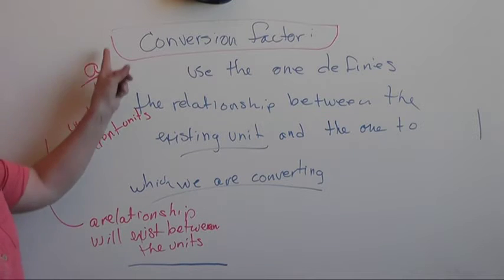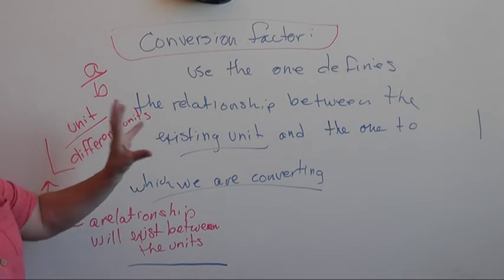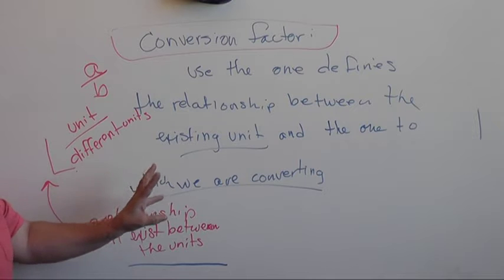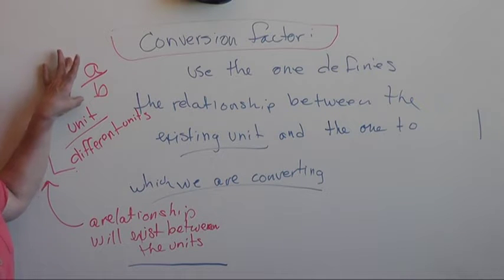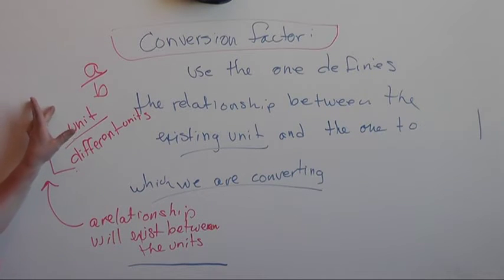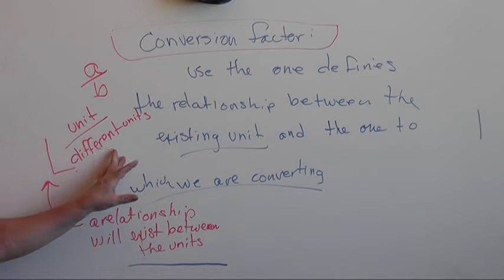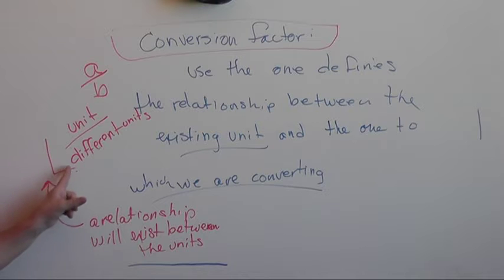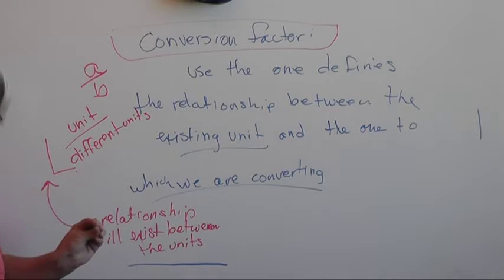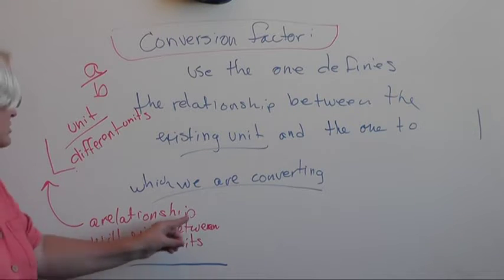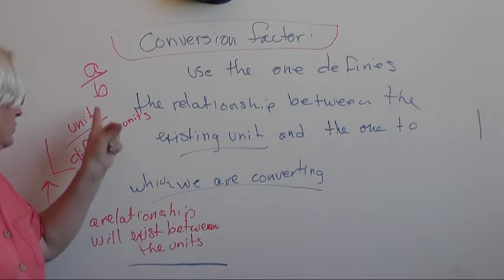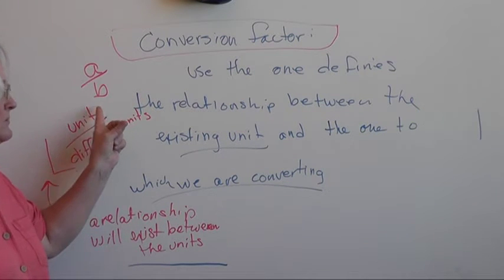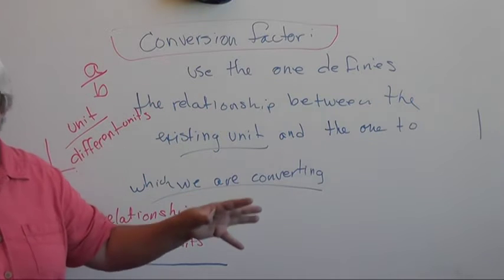But the conversion factor that we're going to look for always looks like a fraction, has one unit in the numerator, a different unit in the denominator, and the numerical part of the fraction defines the relationship that exists between those two different units. And there's any number of conversion factors.